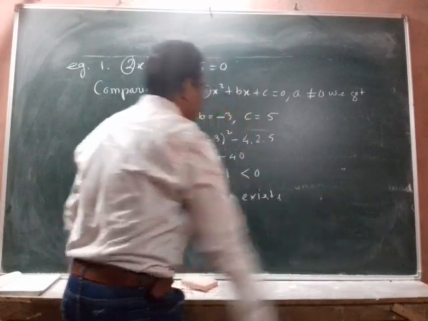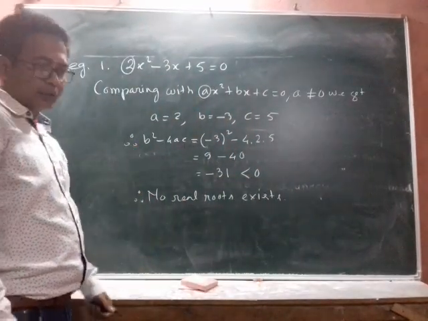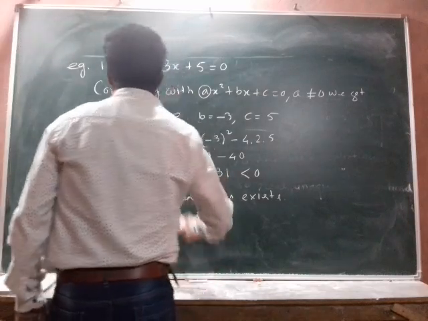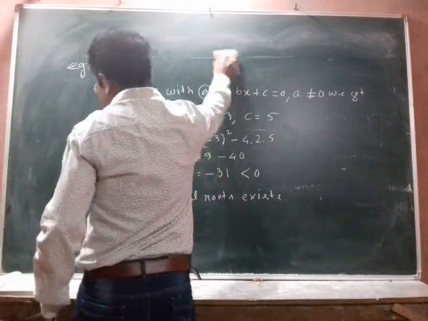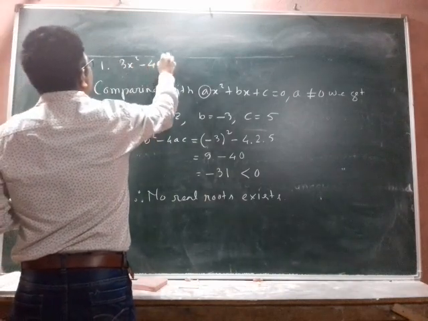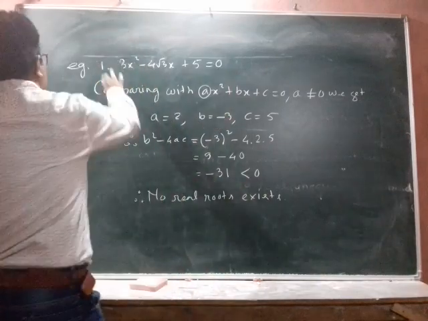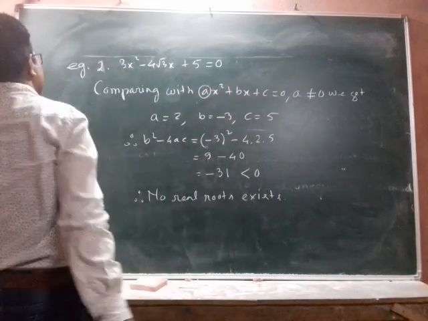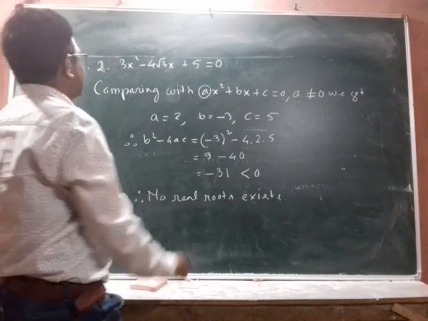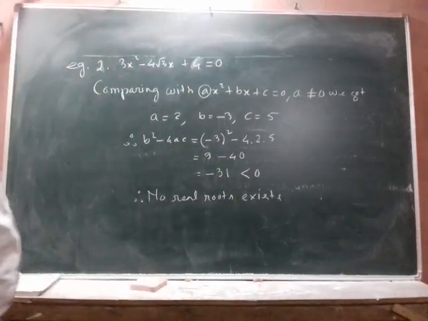As no real root exists, we need not solve the equation because we cannot have real roots. My next example is 3x square minus 4 root 3x plus 4 equal to 0.